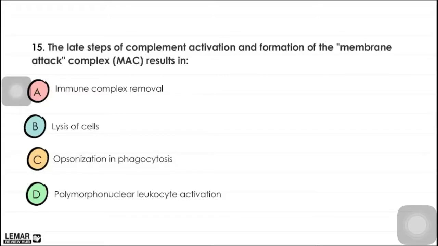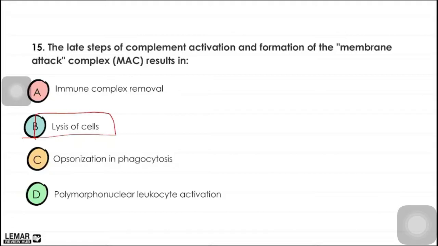So these cell lesions, holes, will allow rapid passage of ions. And this passage of ions will cause changes in the cellular osmotic pressure, leading to cell lysis. It bursts. Okay? So let's discuss letter B. Lysis of cell is a result of the late steps of complement activation and the formation of your MAC.